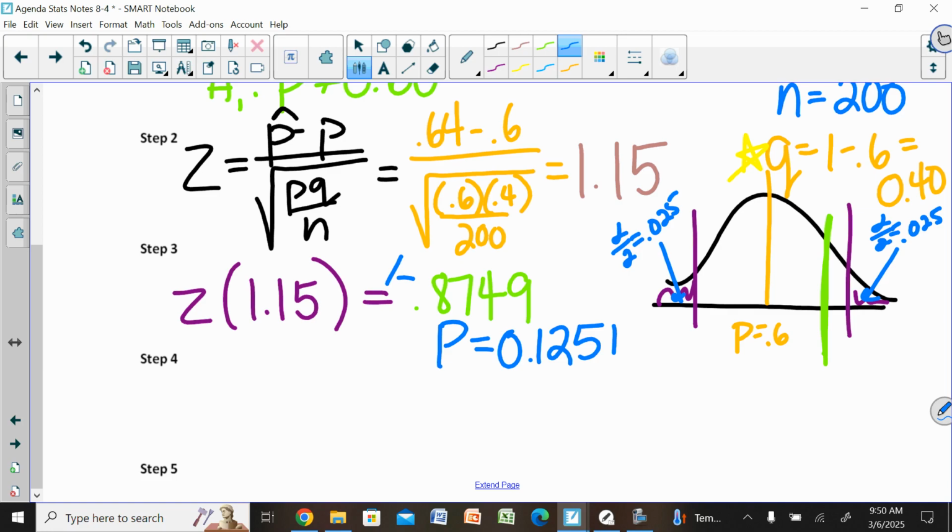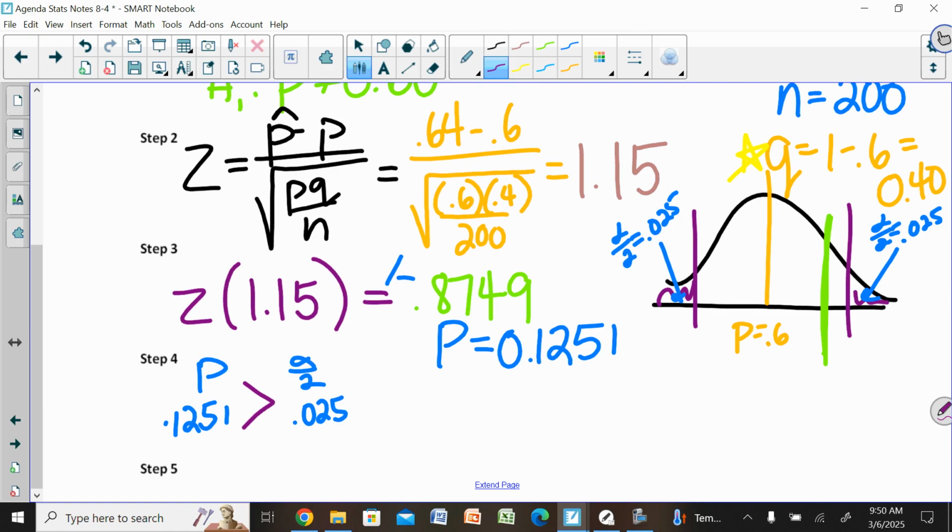So then I'm going to compare my P to my alpha over 2, remember, because it is a two-tailed test. So how does 0.1251 compare to my 0.025? That is definitely, P is much larger than alpha.